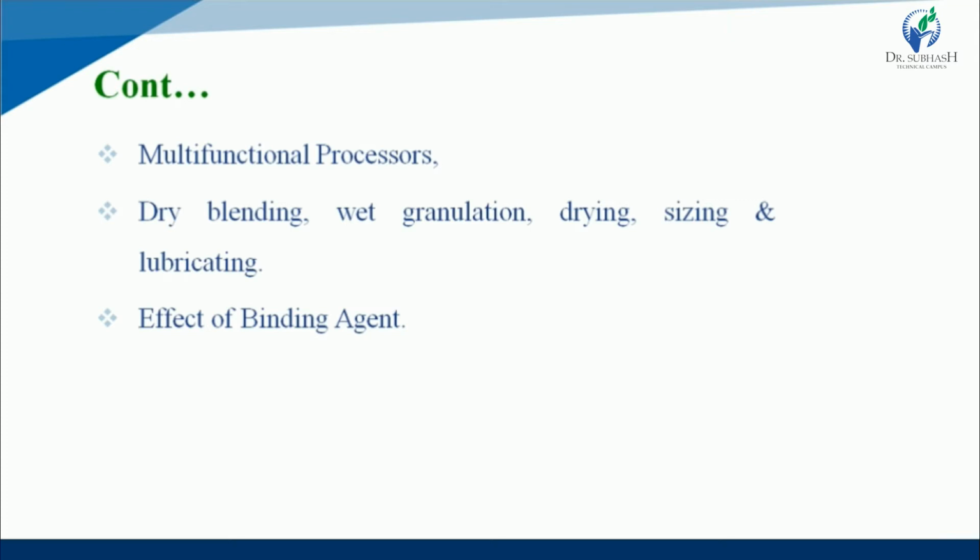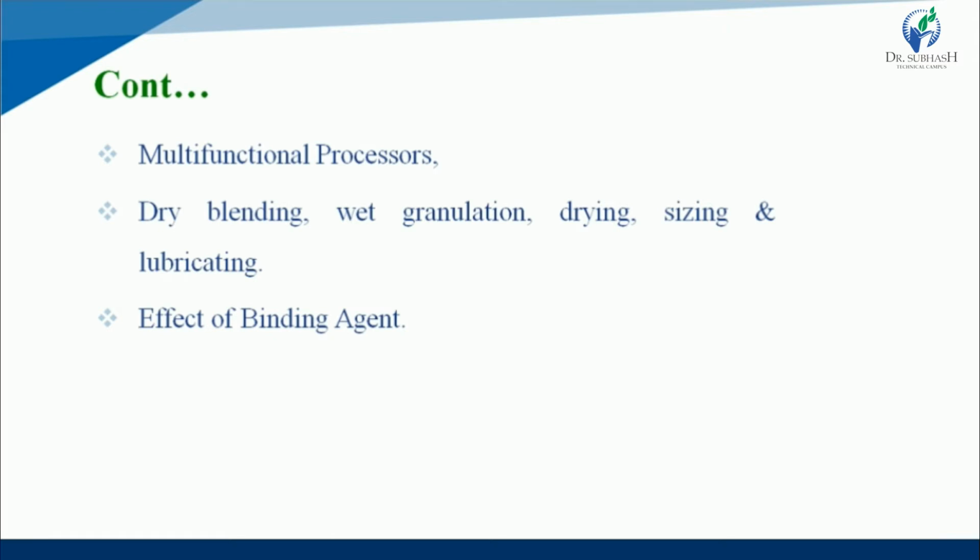So, in the first step, dry mixing is required for granulation purpose: dry mixing of drug and excipients with the help of mortar and pestle. Second is wet granulation, where any liquid is added into the dry mixture for wet mass formation.